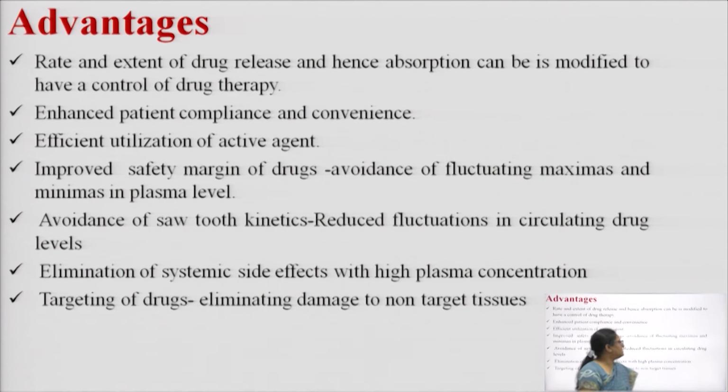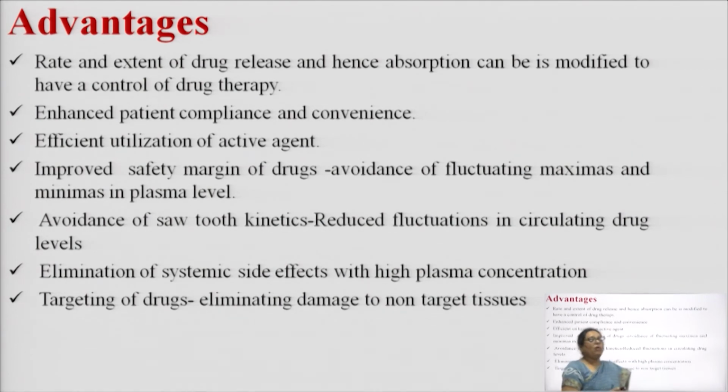Since the drug is being released from these dosage forms at a controlled rate, the safety margin of the drug is enhanced. There is no possibility or minimized possibility of drug exceeding the maximum safe levels and going into the toxic range.